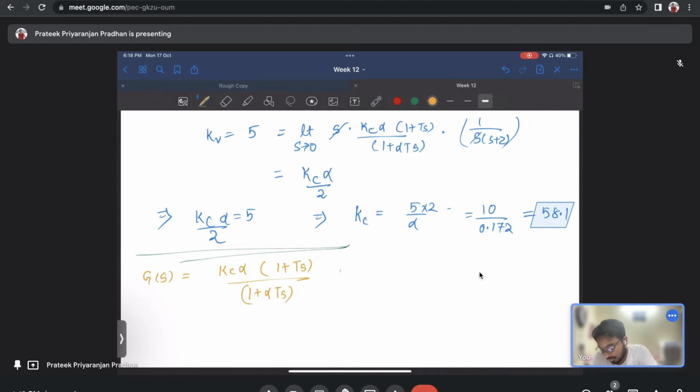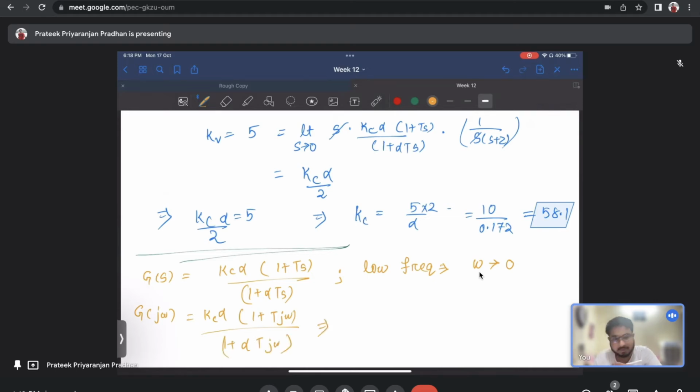In low frequency, that means omega tends to 0. In the frequency domain analysis we can write Kc alpha into (1 plus T j omega) whole divided by (1 plus alpha T j omega).